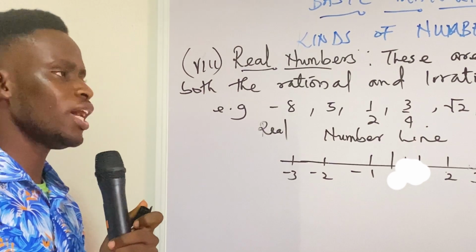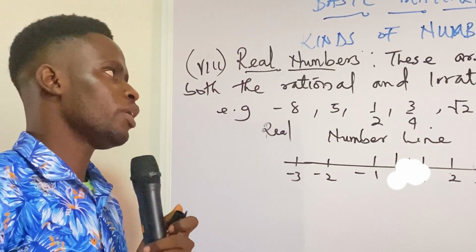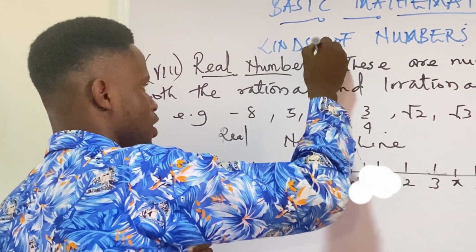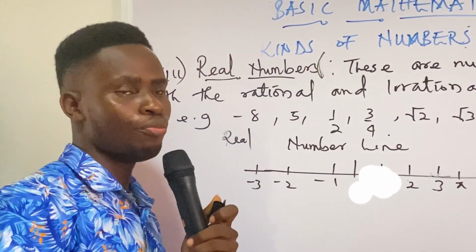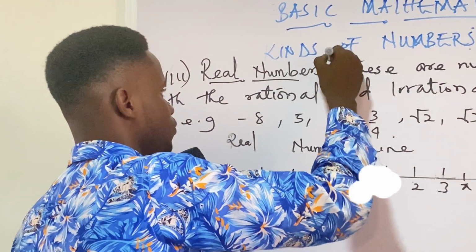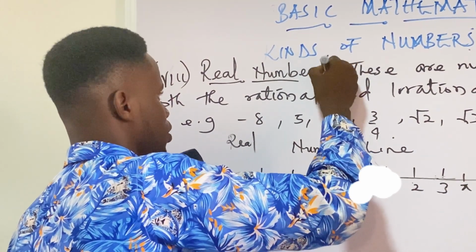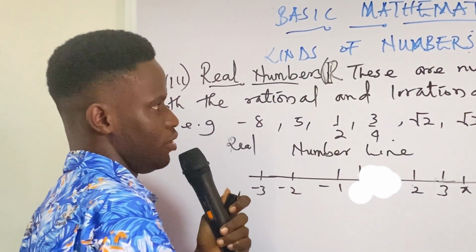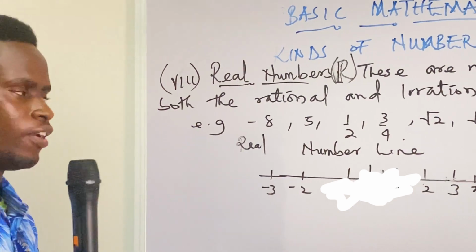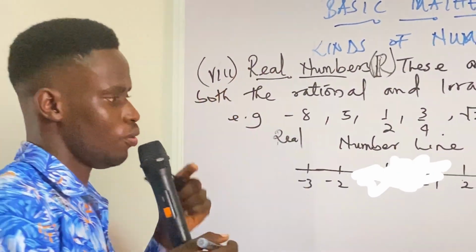There is a particular symbol that we normally use to denote it. That symbol is in the form of letter R. Yes, in the form of letter R like this, with a double line at the back. But once it's something like letter R, you should know that it is referring to real numbers.